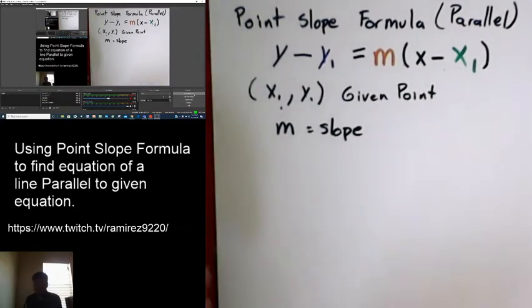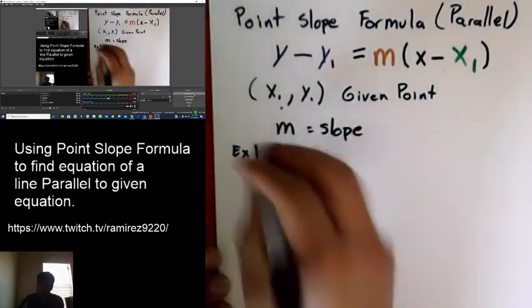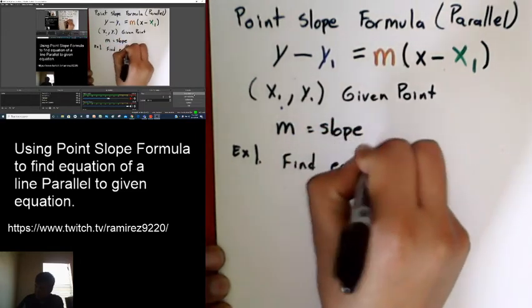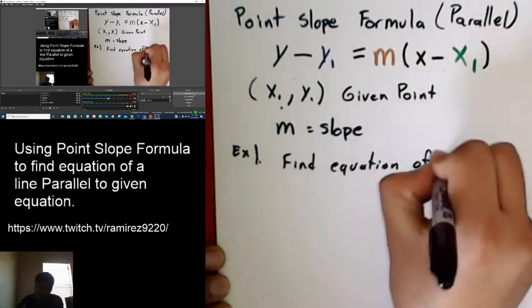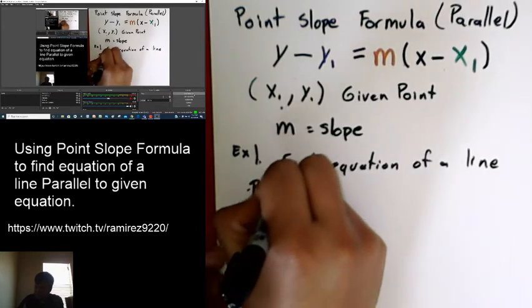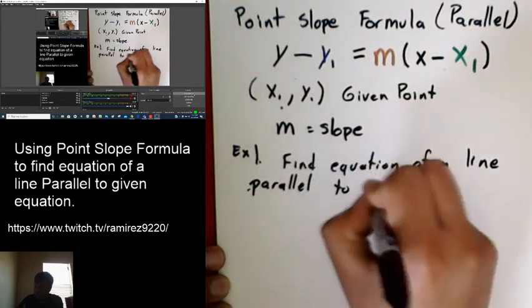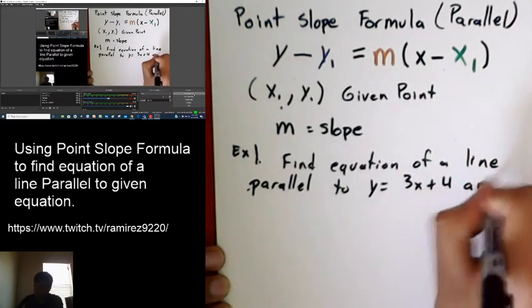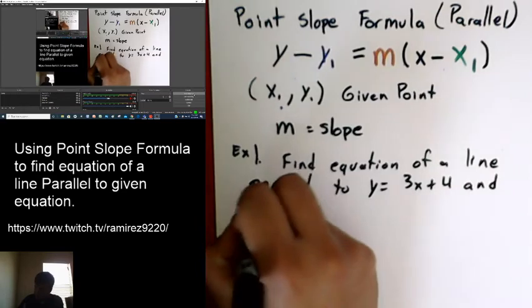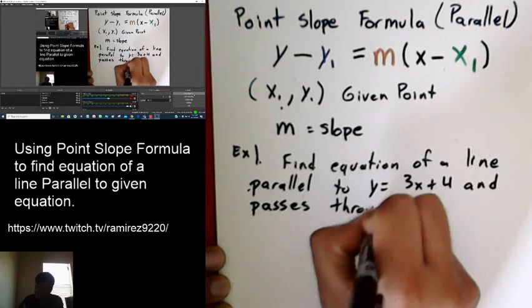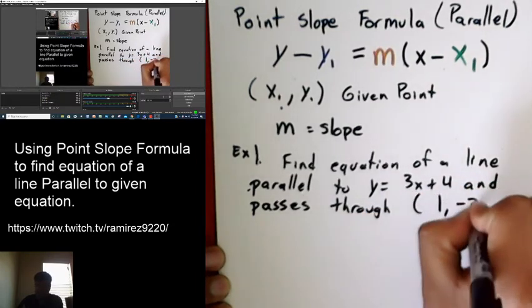So let's say you were given the following, and they're like, hey, find the equation of a line that happens to be parallel to the equation y is equal to 3x plus 4, and it must pass through the coordinates 1, negative 3.